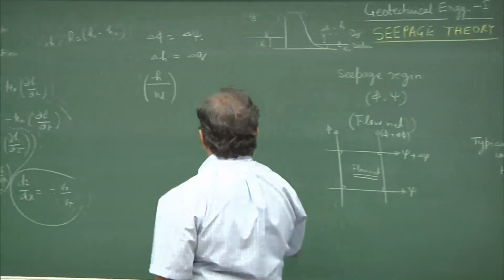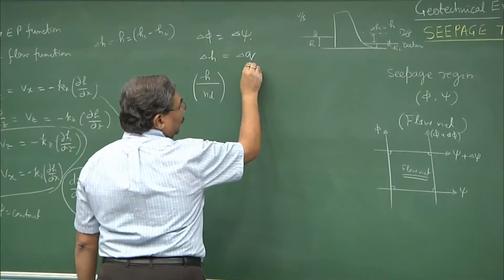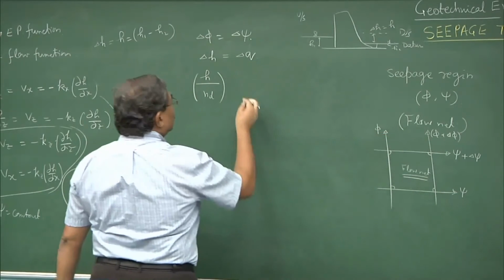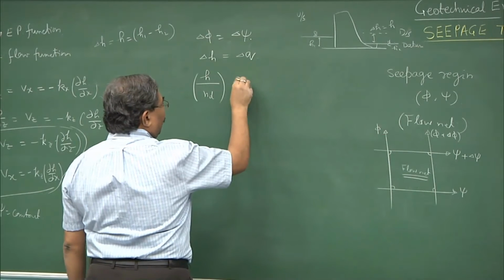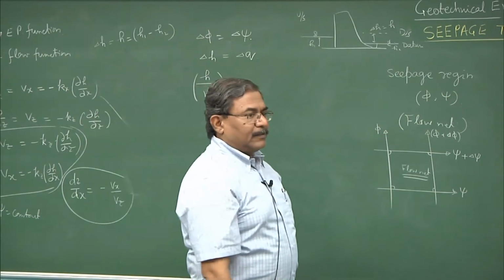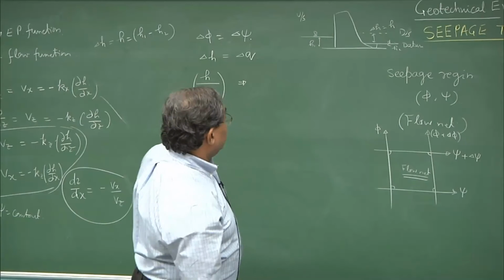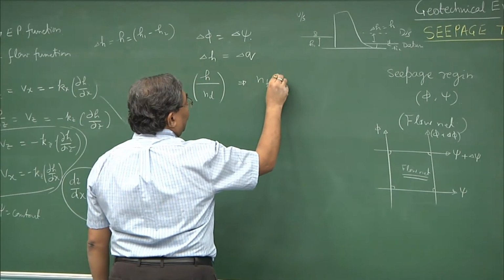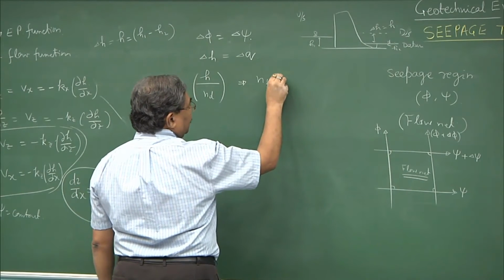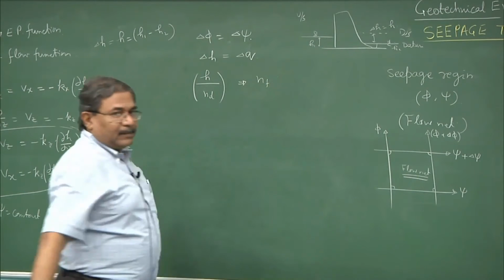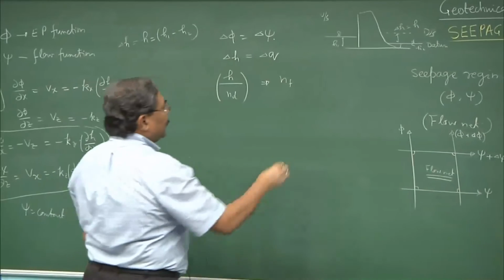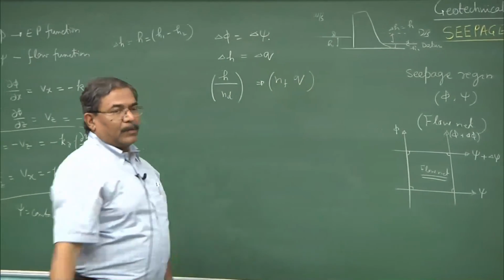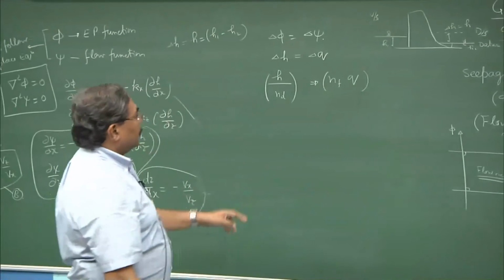And what about the Q? The Q is taking place through number of channels. So, what will happen to number of channels? It gets multiplied by number of channels, is it not? So, what will be that term? This will be Q, the total discharge.